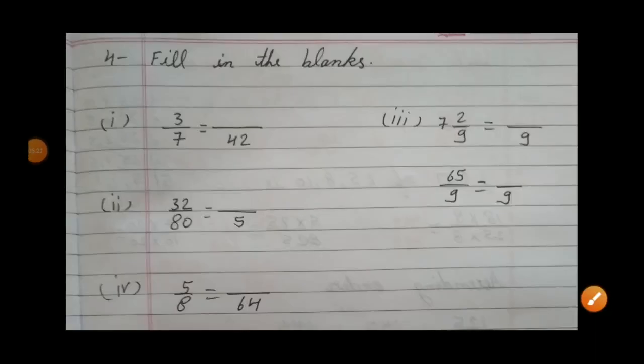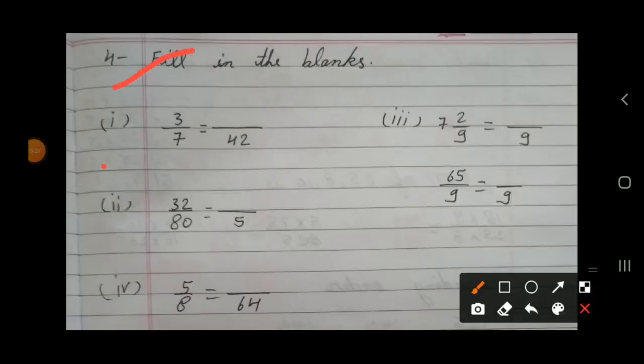Next is question number 4, fill in the blanks. First, 3 upon 7. Equivalent fraction. The same number we have to take in multiplication with the numerator and denominator both. Here if you divide this 42 by 7, then what will you get? 6.